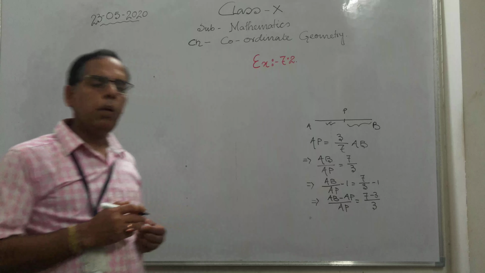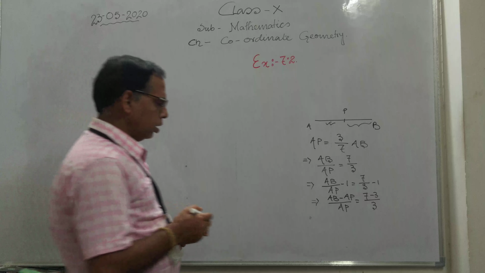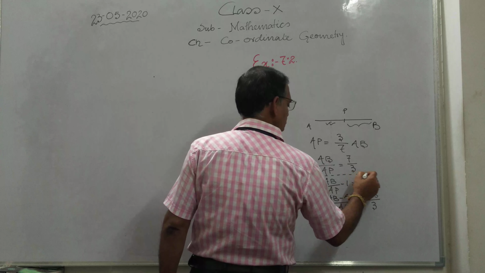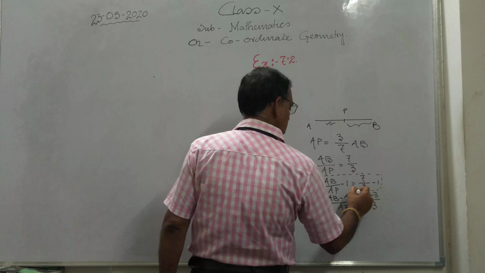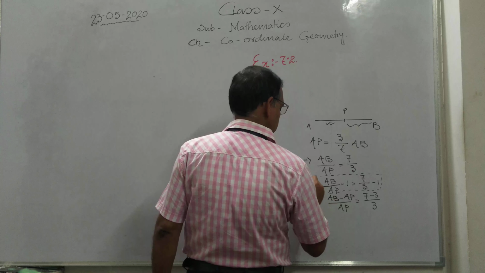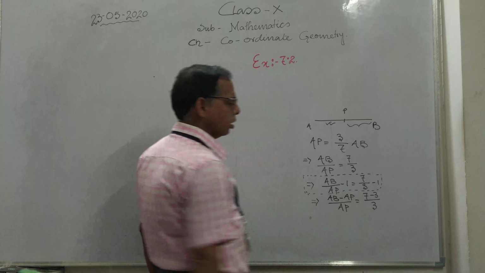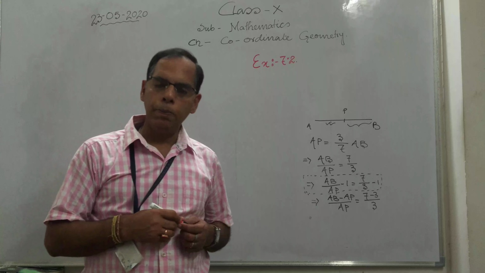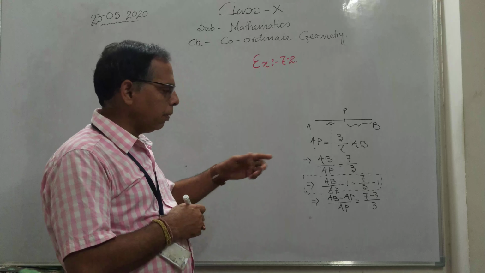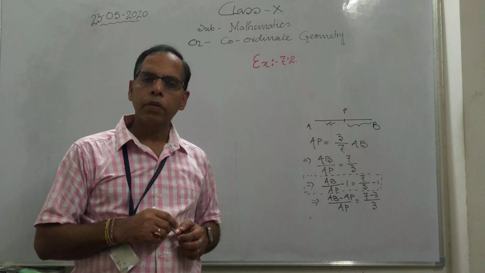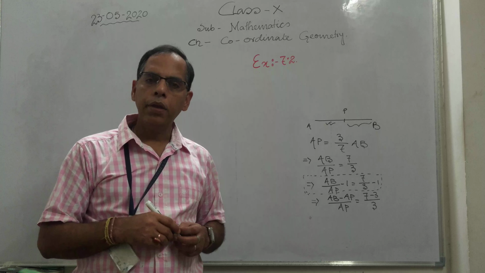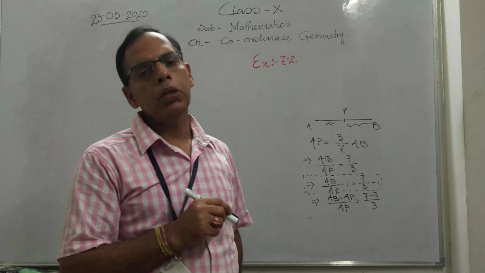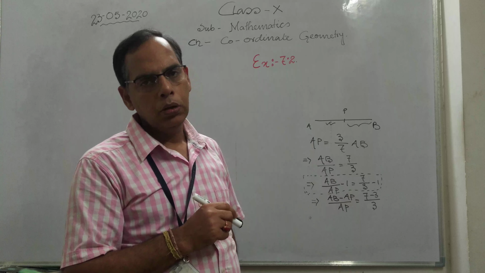But my dear students, remember one thing. If you don't want to use this part, and if you want to use this part directly, that is AB minus AP divided by AP equal to 7 minus 3 divided by 3, then there is a property in ratio and proportion known as dividendo.